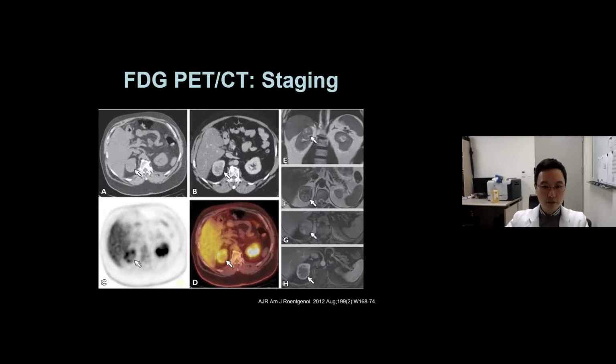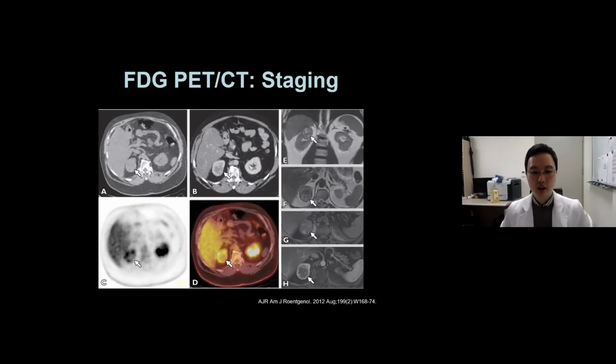As we discussed in the previous lecture regarding colorectal cancer, incidental renal uptake, or not a simple cyst but complicated cystic lesions, can be encountered when we read FDG PET.